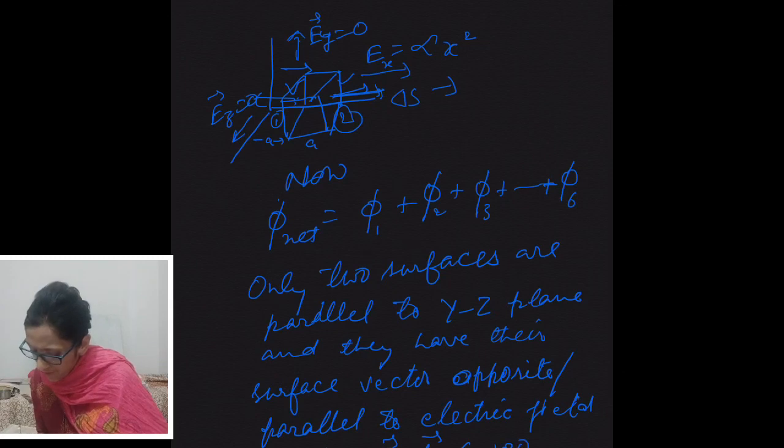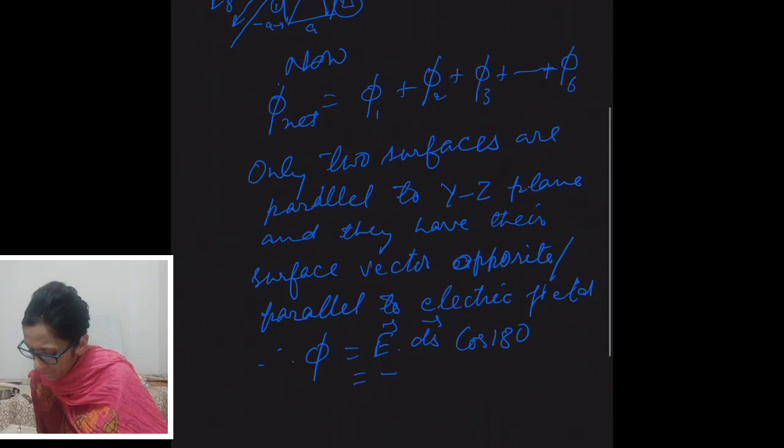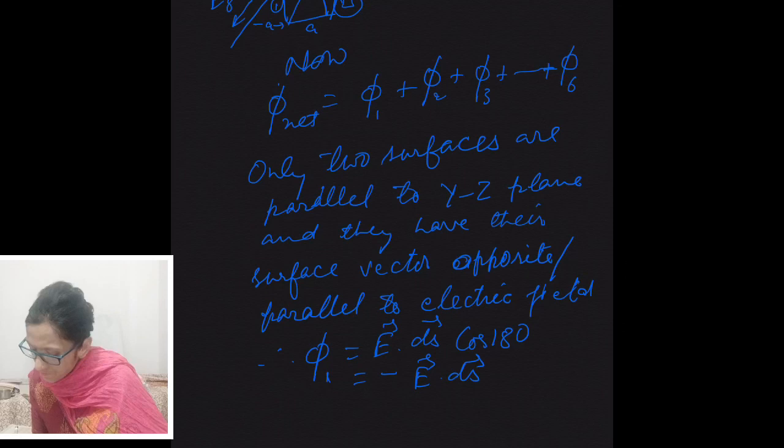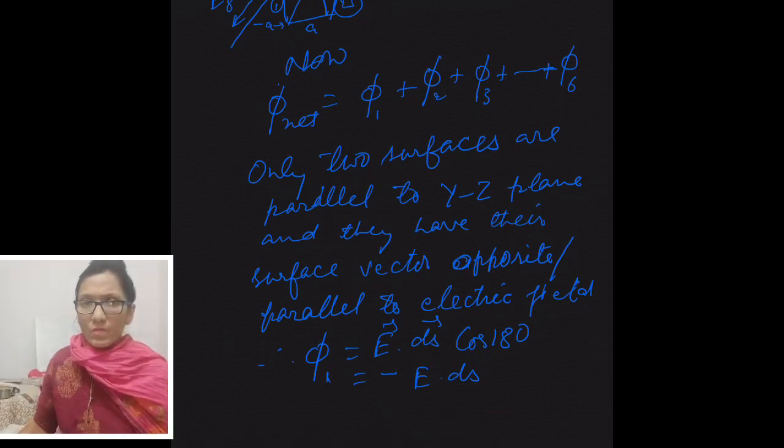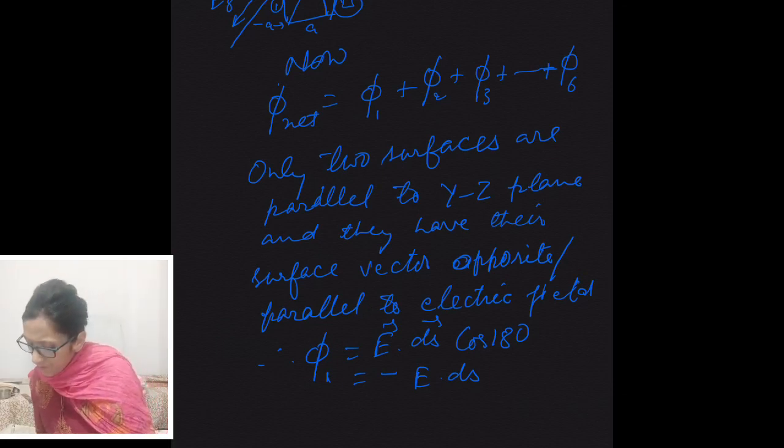Therefore, phi 1 is equal to E ds cos 180, which is equal to minus E dot ds. Okay, E dot ds.